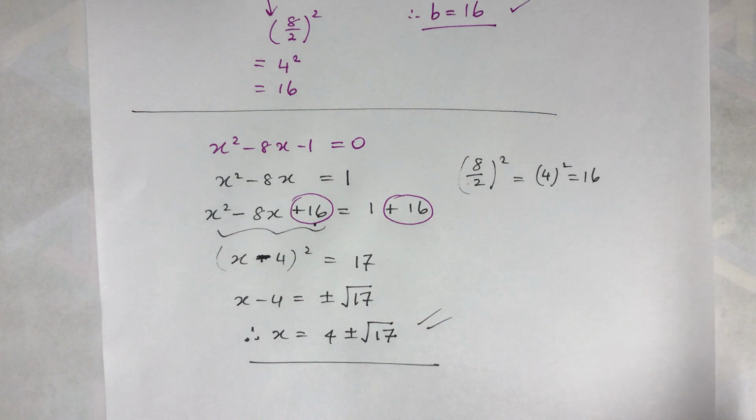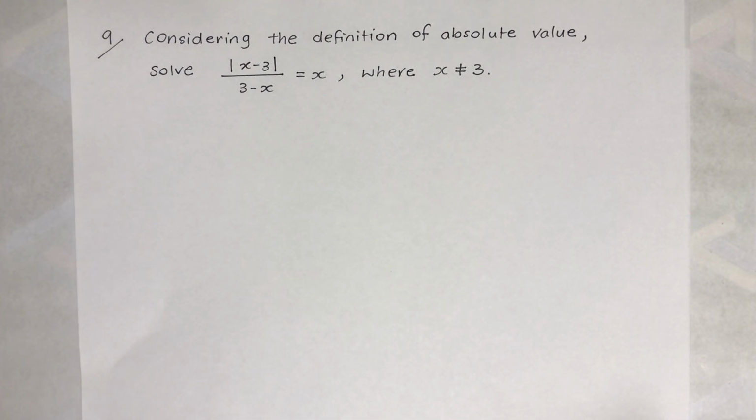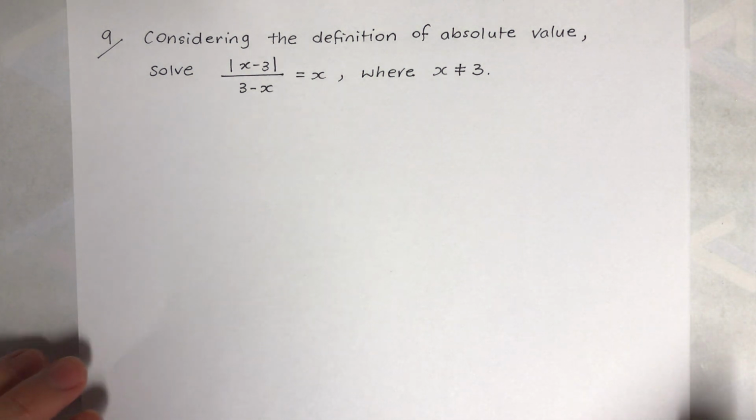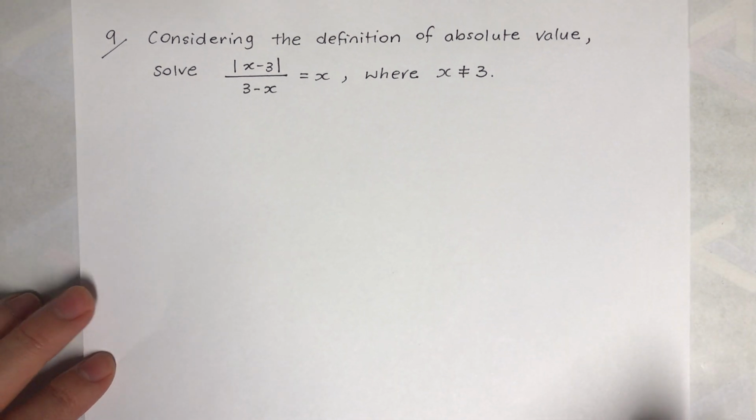Okay, so question 9. Now this video is going to be quite a long one, so pause it, have a break, come back if you want. Now question 9, I think I've done this in a previous video somewhere, but I'm going to do it again.